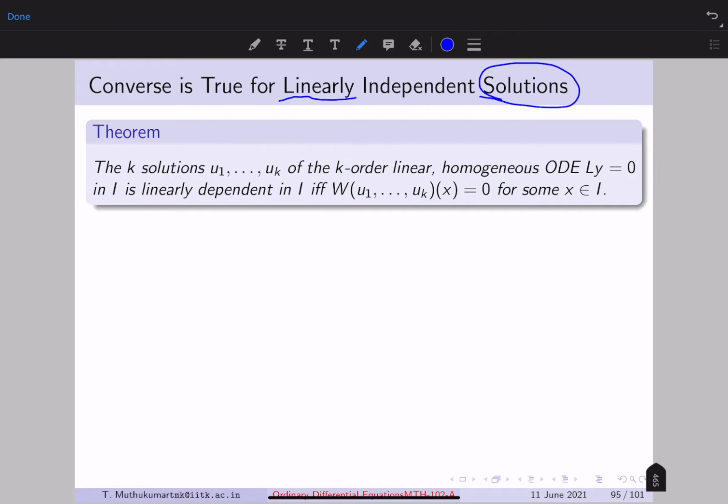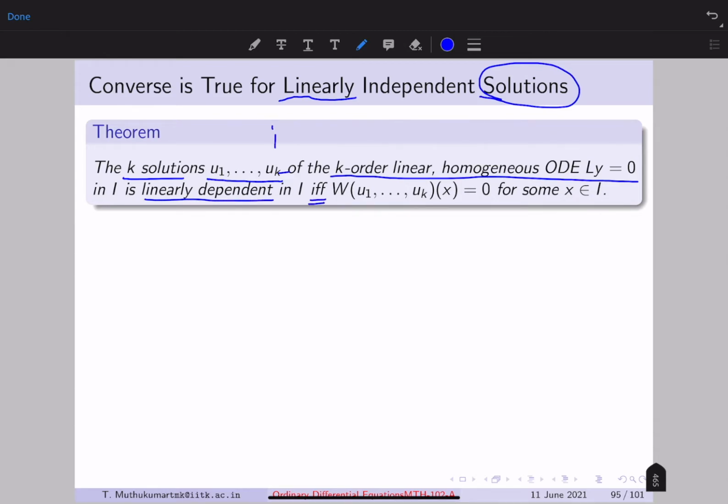If you have k solutions u1, u2, uk of a kth order linear homogeneous ODE, Ly equal to 0, where L is the ordinary differential operator, Ly equal to 0 in I, then these u1, u2, uk are linearly dependent if and only if the Wronskian is 0.